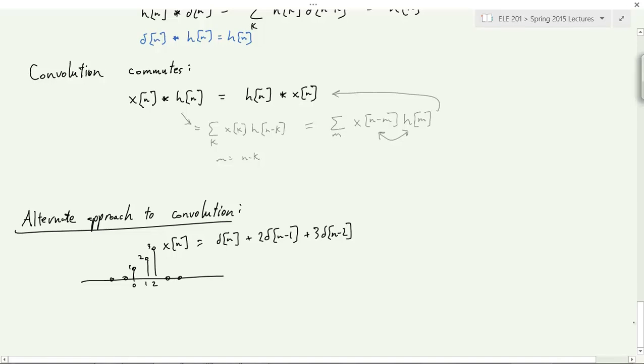Now we had our h. There's one thing I want you to know first. Now we want to calculate x of n convolved with h of n. And in a case where x has only a few non-zero values, there's actually an easier way than the flip and shift method.